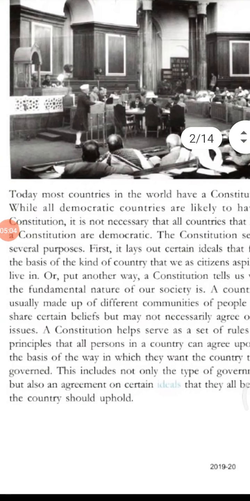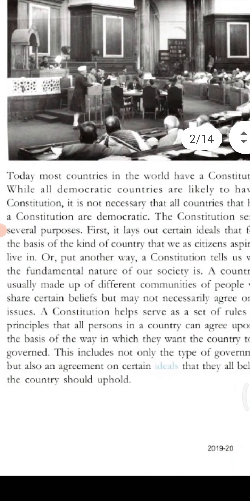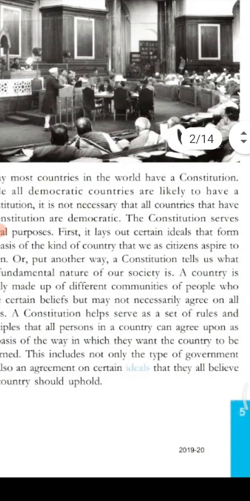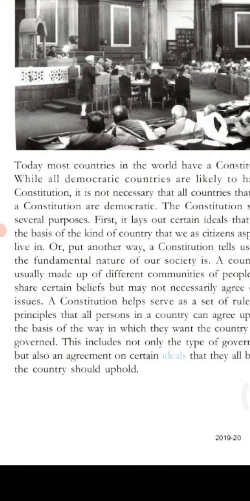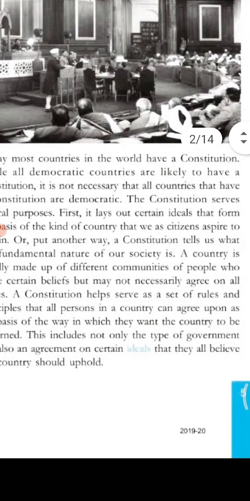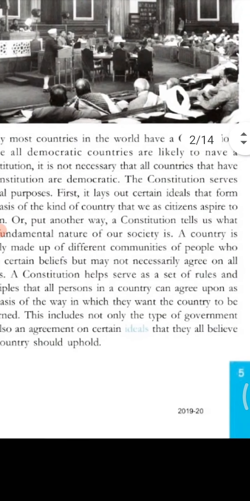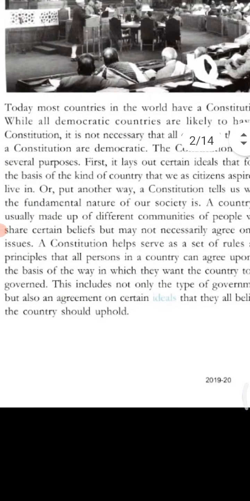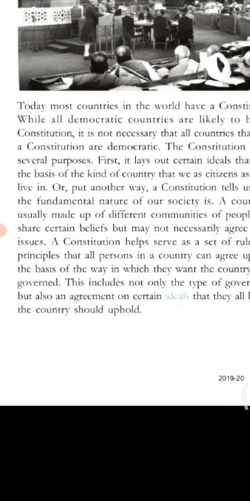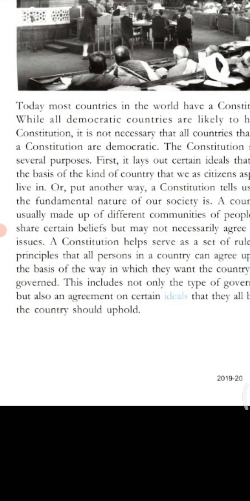A country is usually made up of different communities of people who share certain beliefs but may not necessarily agree on all issues. A constitution helps serve as a set of rules and principles that all persons in a country can agree upon as the basis of the way in which they want the country to be governed. These rules and regulations are formed after great discussion and negotiations.